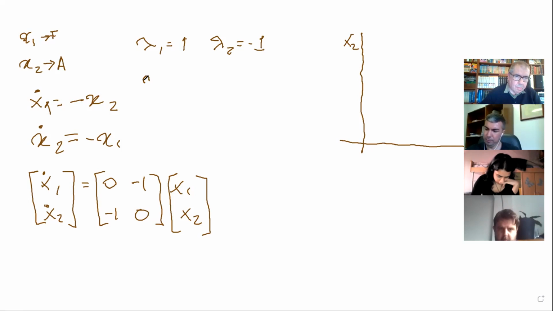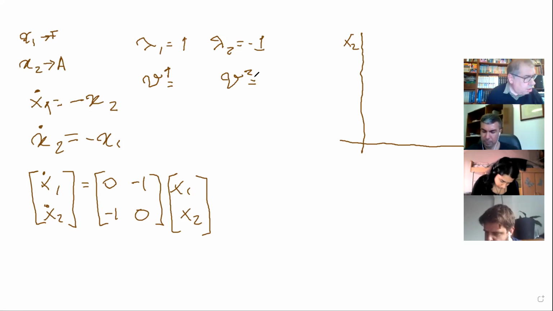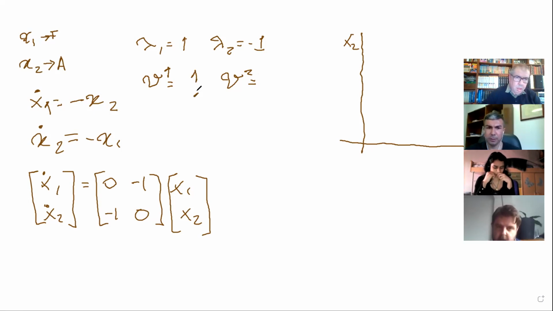So B1 is what? And B2 is what? It would be like 1 over the square root of 2, times (1, 1), and (1, -1).